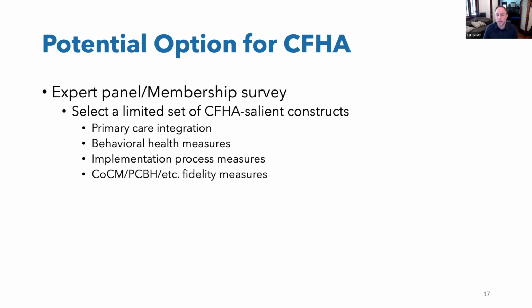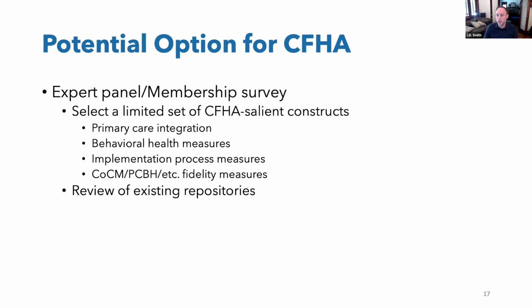Potentially, I know some don't exist for this, but there is hopefully an emerging science in fidelity measures for different models of care and different interventions that are pretty consistently used by members of CFHA, things like collaborative care, primary care behavioral health, and some other things like that. And of course, the next step would be a review of existing repositories to ensure there's not duplication.